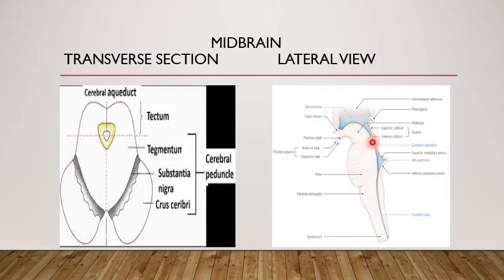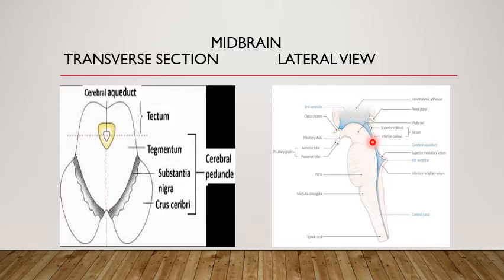Okay. Another thing in clinical correlation we need to understand is Weber's syndrome. If there is a thrombosis, what is thrombosis? If there is some clot formation in the artery, or if there is hemorrhage because of rupture of vessels, both reasons are going to affect the blood supply to the midbrain, right?